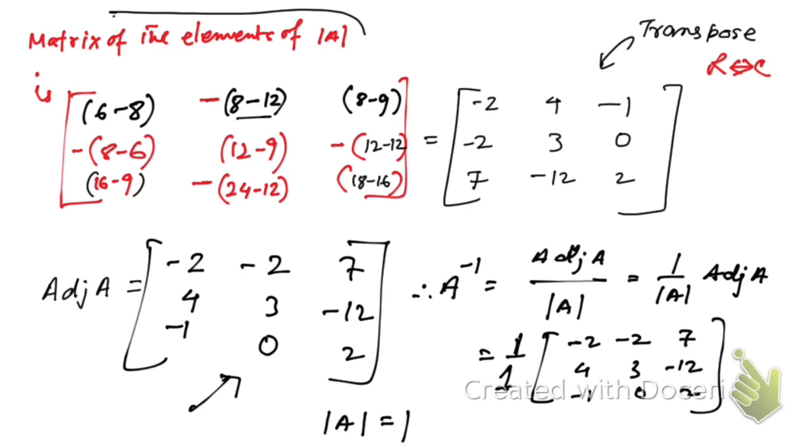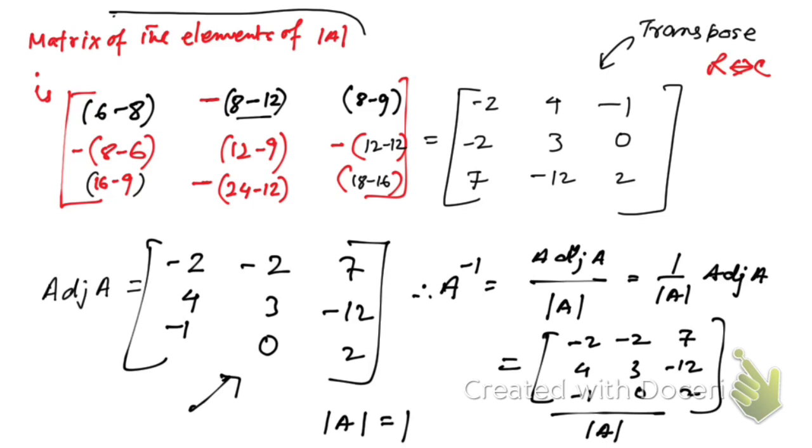So if you divide each term by 1, they are going to remain the same. If you have 2 here, then you have to divide each term by 2. After dividing this by 1, we're going to get the same thing. That means we have to divide this adjoint by its determinant.